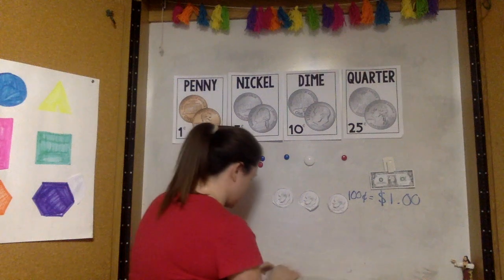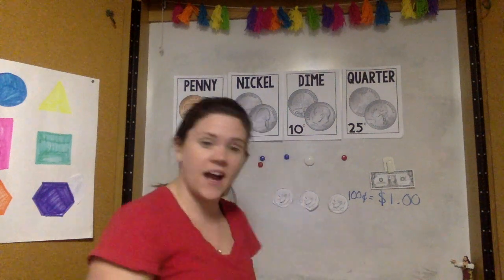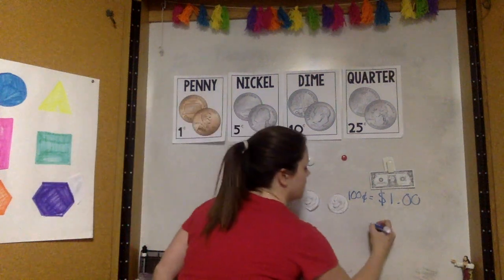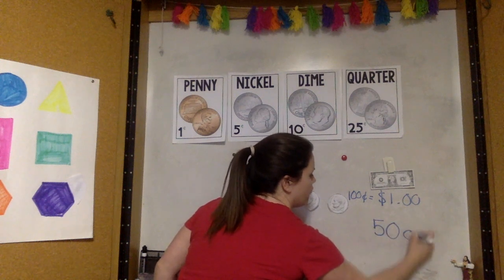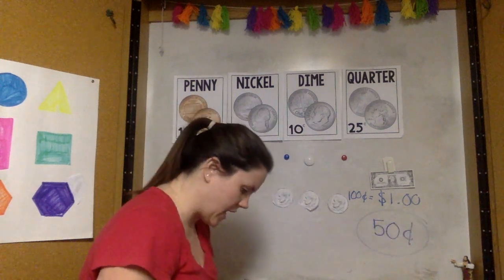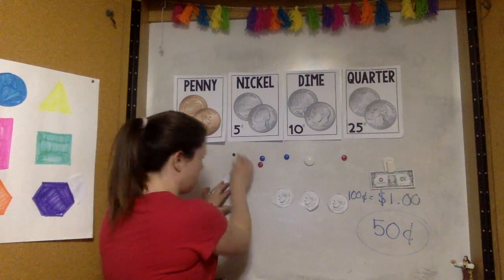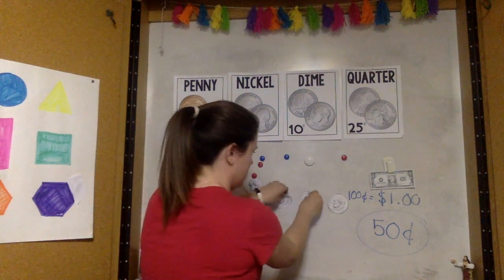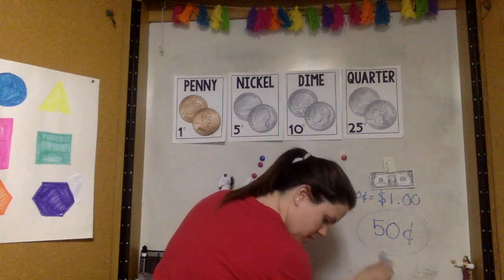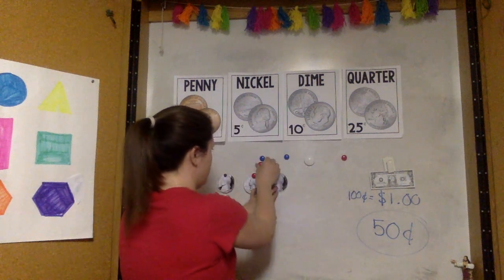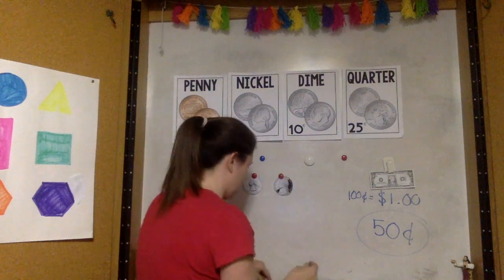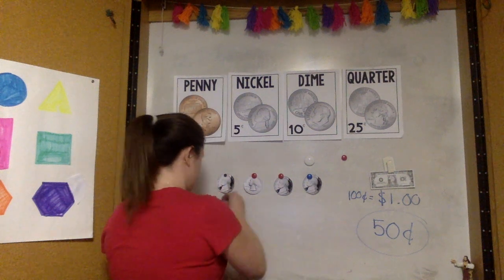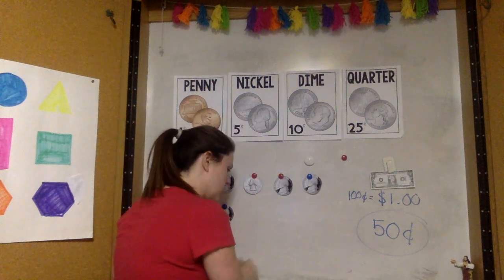All right, number 2 shows us, they want us to find 50 cents. So 50 cents, or the same as 2 quarters, right? This time we're looking for 50 cents. That's the amount we're looking for right now. So I see a nickel, a quarter, another nickel, another nickel, another nickel, 2 more nickels.